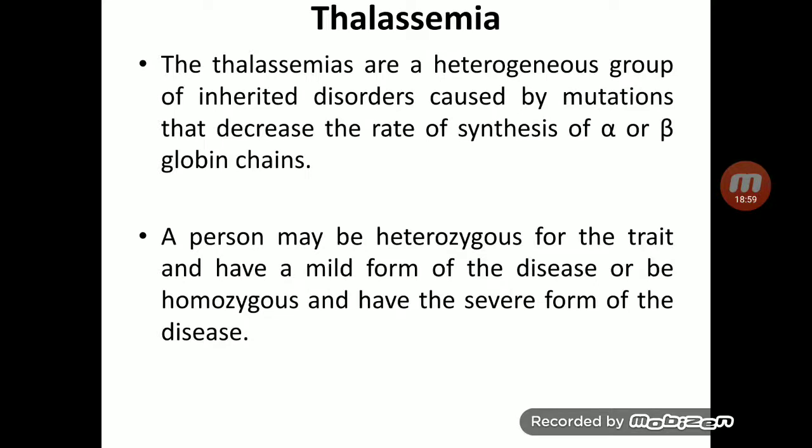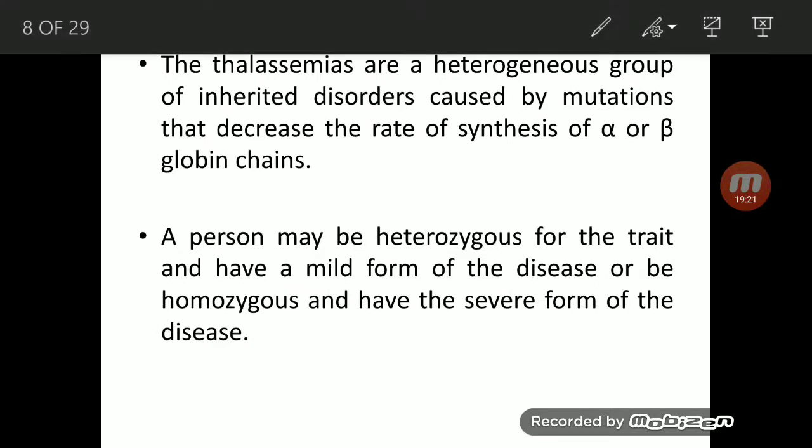Next is thalassemia. Thalassemia is also a hereditary disorder. In this disorder, whenever a mutation occurs which causes thalassemia, it will decrease the rate of synthesis of alpha or beta globin chain.